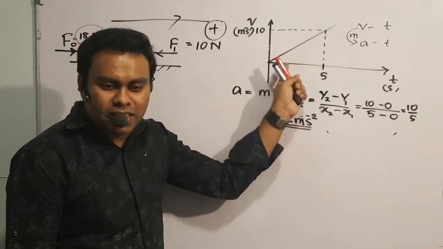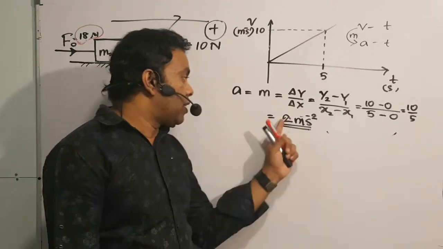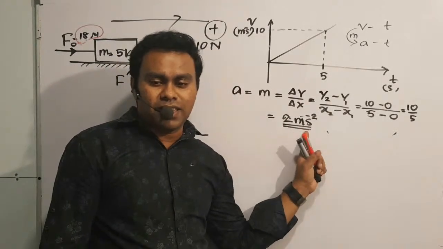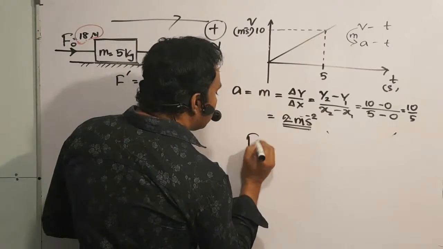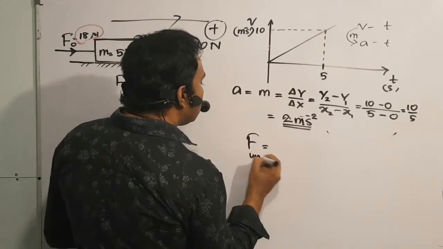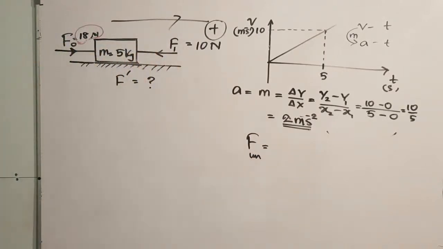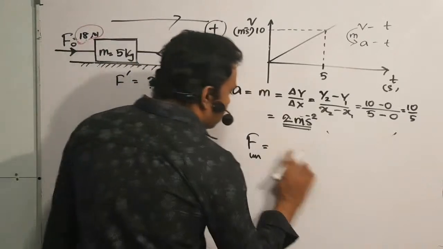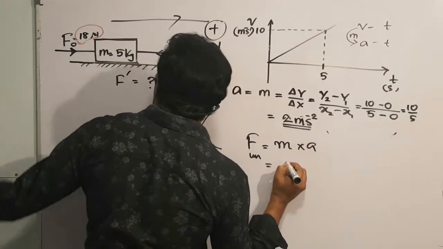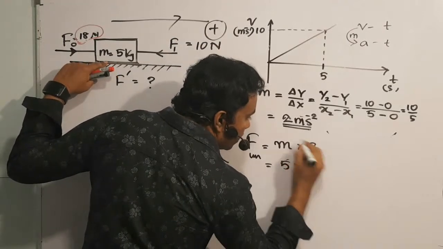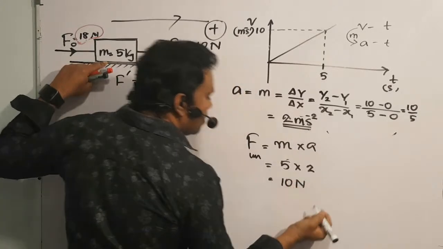So the motion is explained by this graph. So that value you have calculated, 2 meters per second squared. And you have calculated external unbalanced force, F unbalance equals MA. M is 5, acceleration is 2, so you calculate that 10 newtons.